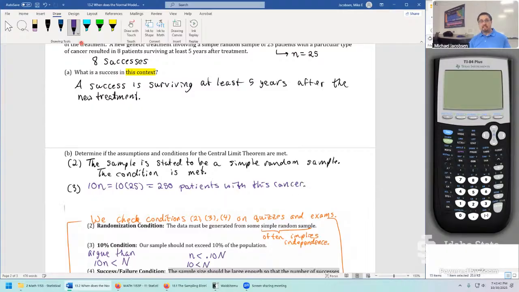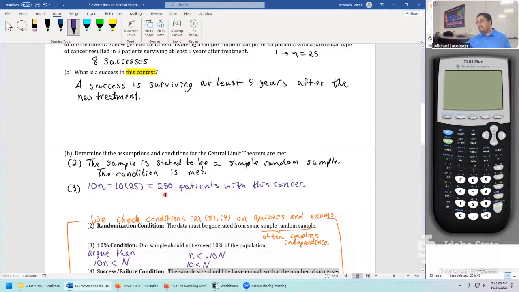Now, is this condition met? We have no clue. The context didn't even tell us what kind of cancer it was. If this is a common cancer, say like melanoma, this condition is probably met. 250 patients is nowhere near 10% of everyone who has melanoma. That's a pretty common one that afflicts a lot of people in the United States alone.